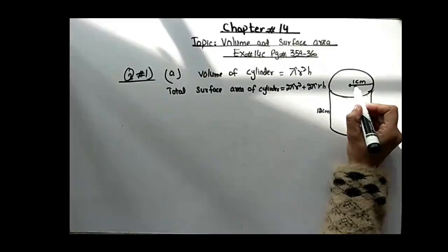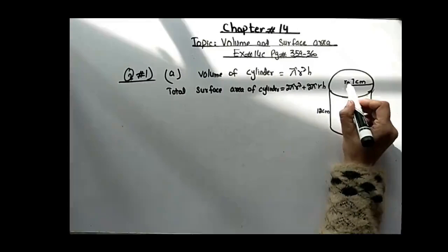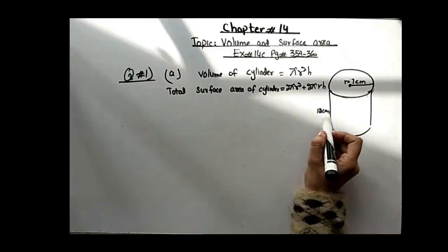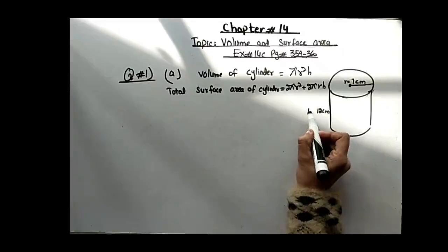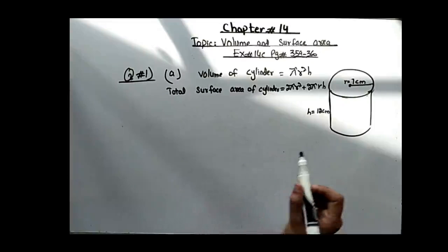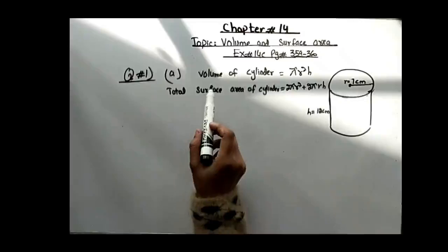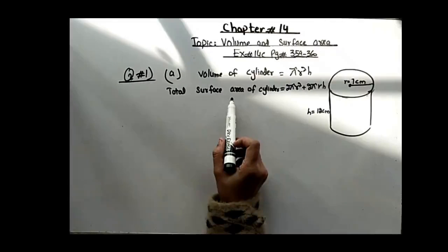So this line is equal to 7 centimeter and this one is r. And now this is the height of the cylinder. H is equal to 12 centimeter and radius is equal to 7 centimeter. Then they are asking about the volume of the cylinder and the surface area of the cylinder.